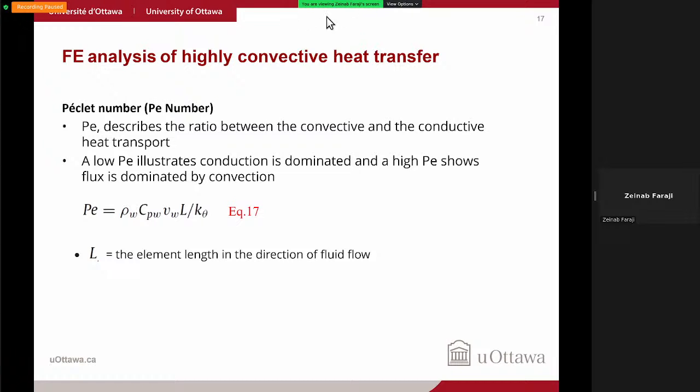Using this formulation, we can calculate the Pe number. In this formulation, rho_w is the density of water, Cp_w is the specific heat capacity of water, v_w is the velocity, L is the length in the direction of the fluid flow, and lambda is the thermal conductivity.